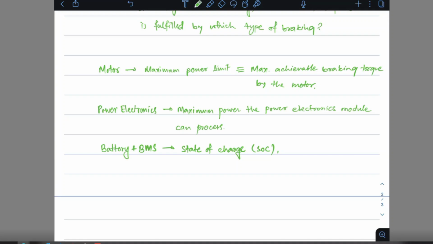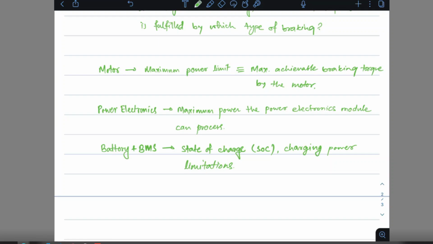Okay, and again, the battery may have charging power limitations. If you cannot give more power than a limit, it does not matter if your motor or your power electronics is able to take up that much power.